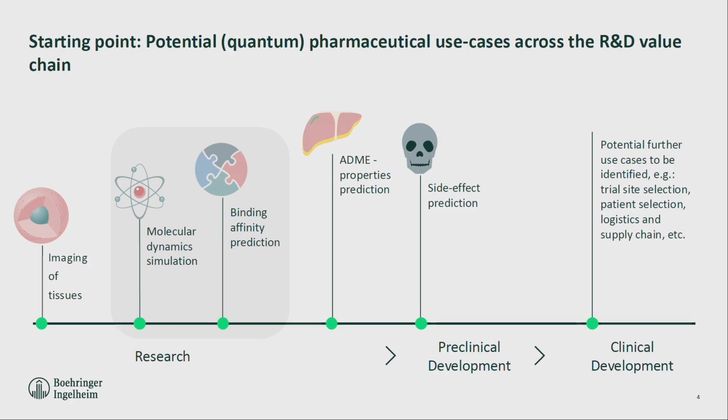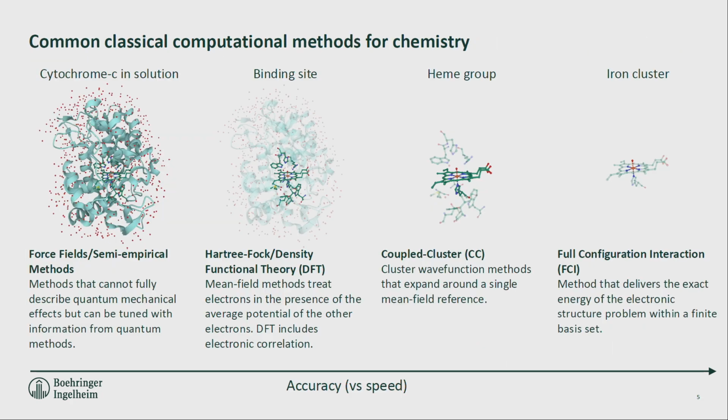In the beginning of our research, we focused on the second and third bucket here, as they are very much related to classical quantum chemistry methods, where the mapping of modeling quantum chemistry on a quantum computer is fairly natural and a fair starting point for research in this space.